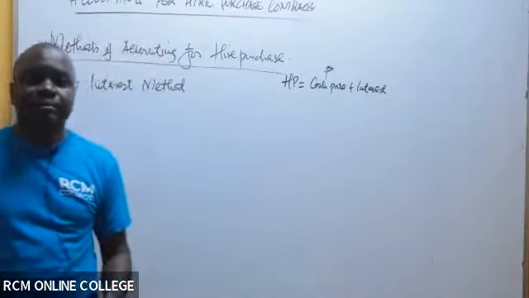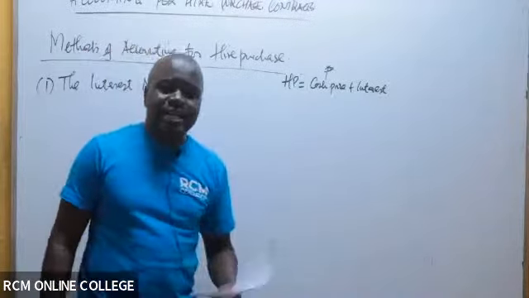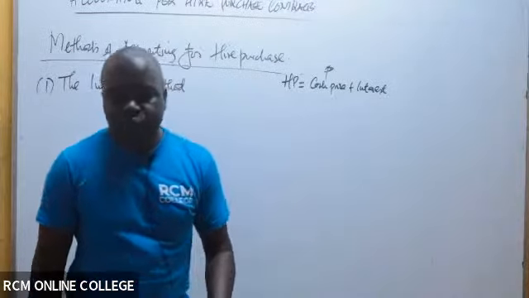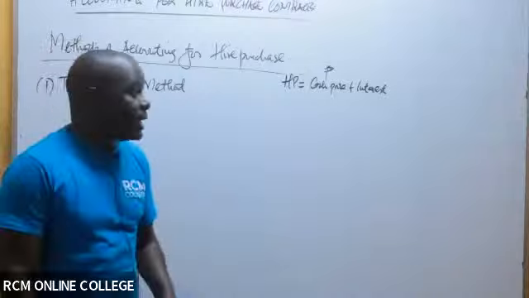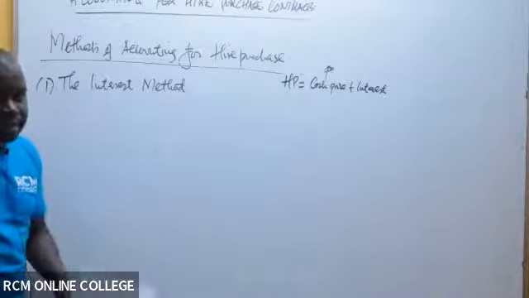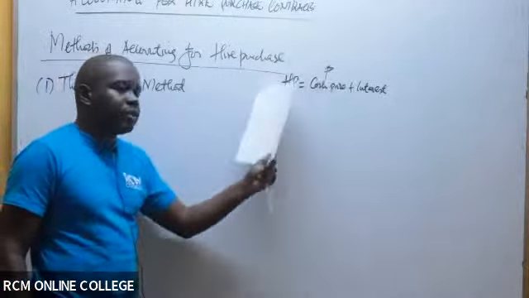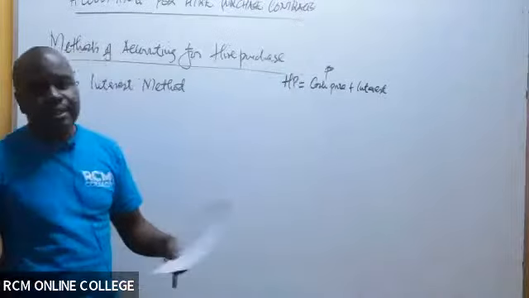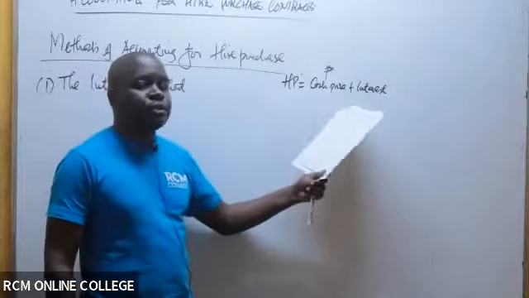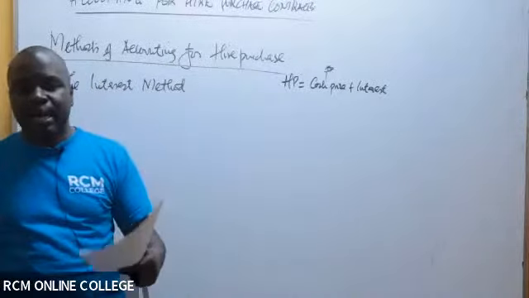Remember, in the income statement we have the sales, the cost of sales, you get the GP, you add any other incomes, and then you less expenses to get the net profit. So under the interest method of accounting for hire purchase transactions, you just recognize the sales of that item at the cash price, but you compute the interest on the item you sell on hire purchase basis as the owner of the goods.